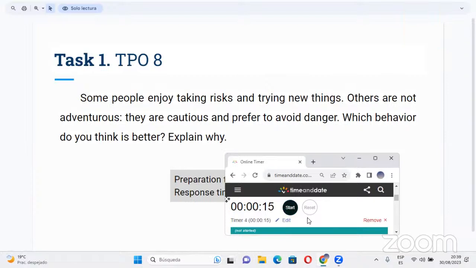Okay, teacher. Well, I think it's better taking risks and trying new things, since when you take risks, I think it's a lot better, and this is a way to improve maybe your skills.